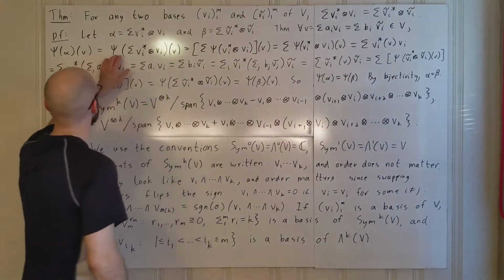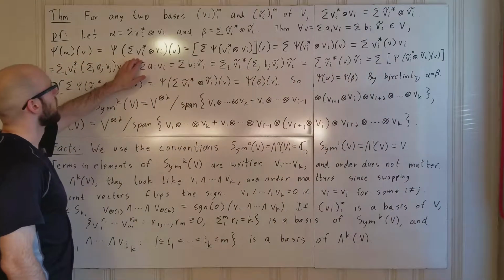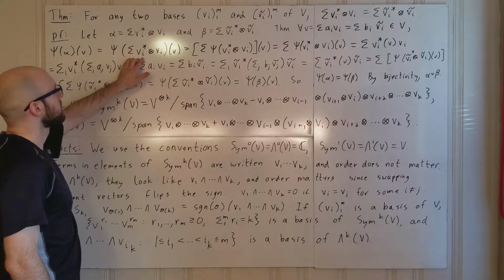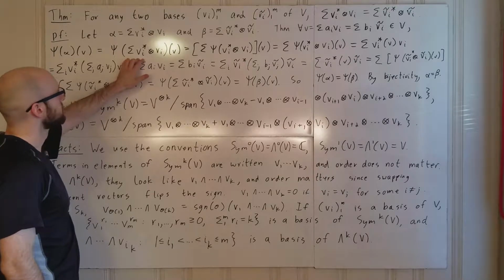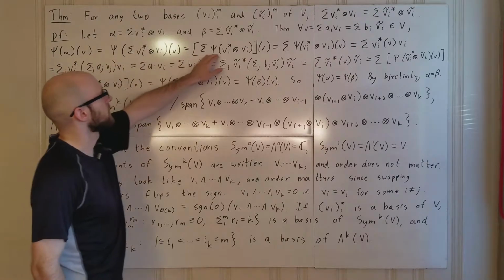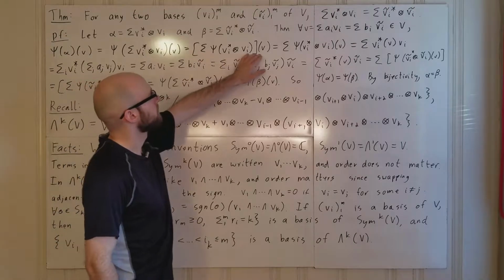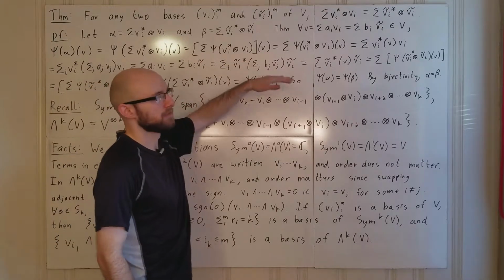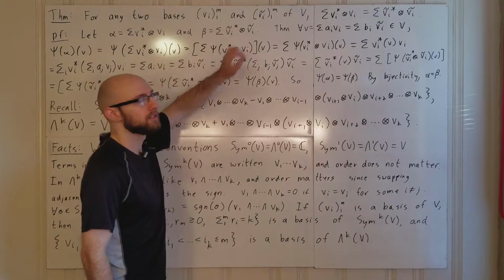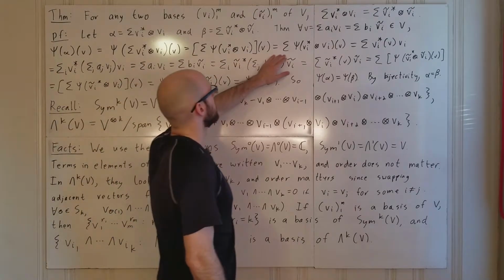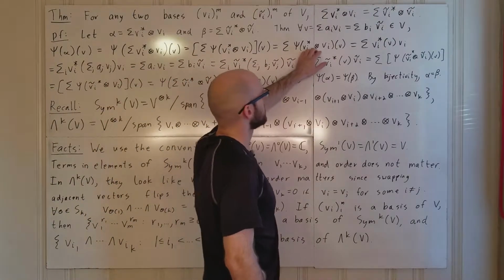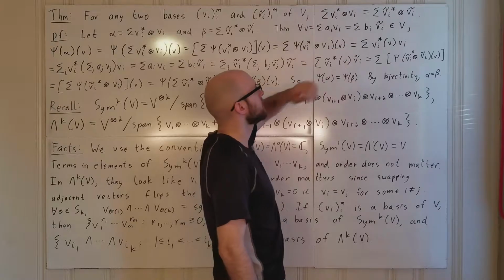Psi of alpha, you just plug alpha in, and then because of linearity you can bring the psi inside the sum, and evaluating this sum at v, again by linearity of the space that this lies in, is the same as taking the sum of all of these things separately evaluated at v.